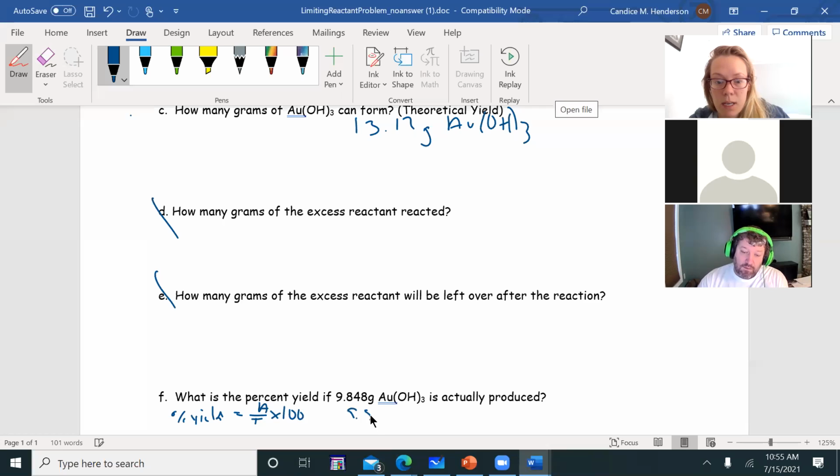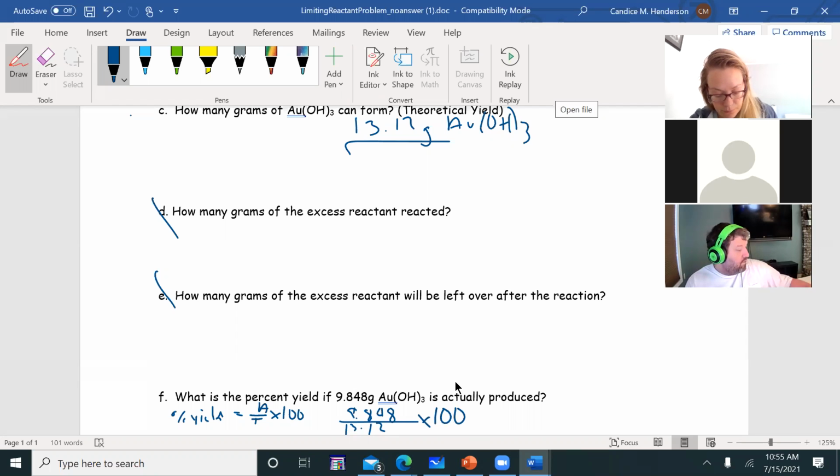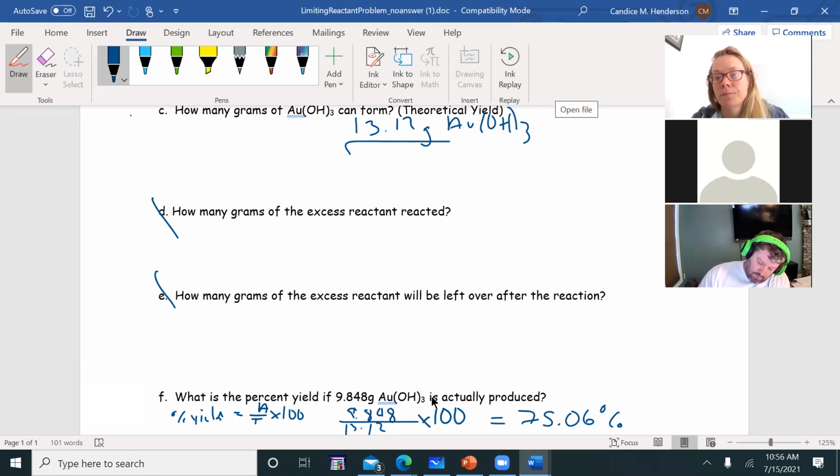So we take the 9.848 divided by the theoretical, which is what you solved stoichiometrically, the 13.12, and we multiply that whole thing by 100. We get 75.06%. Cool.